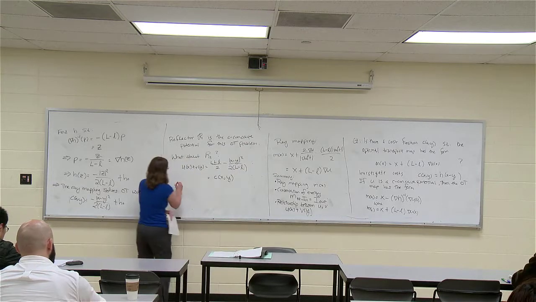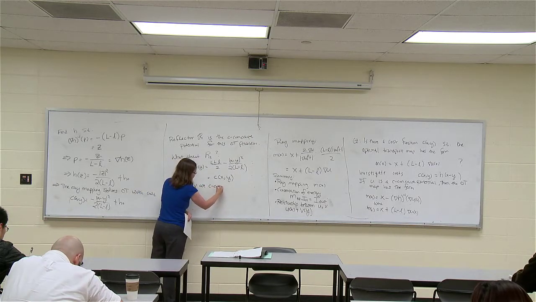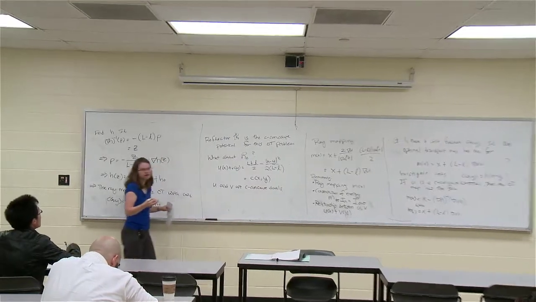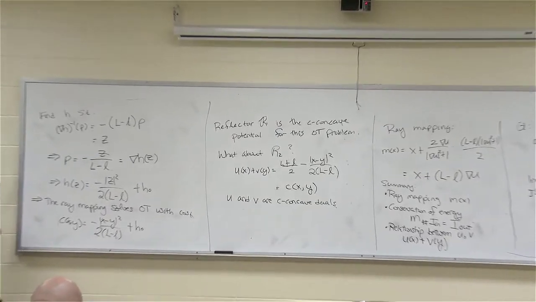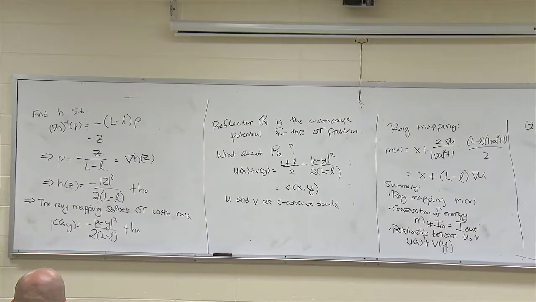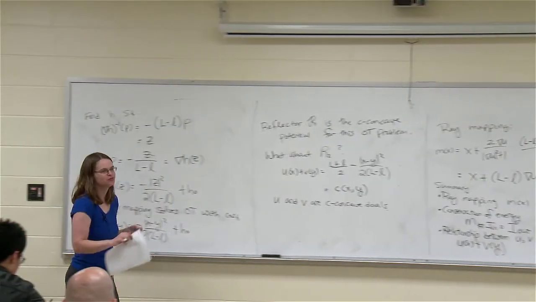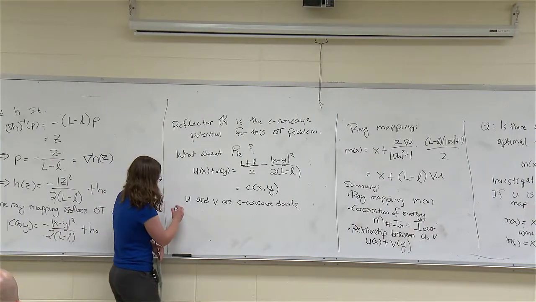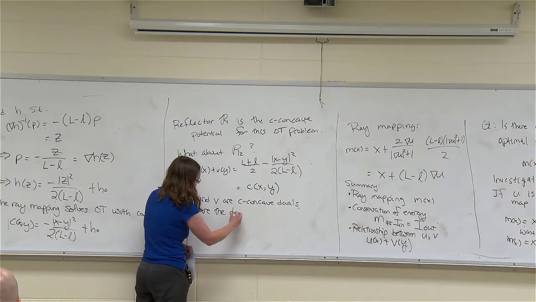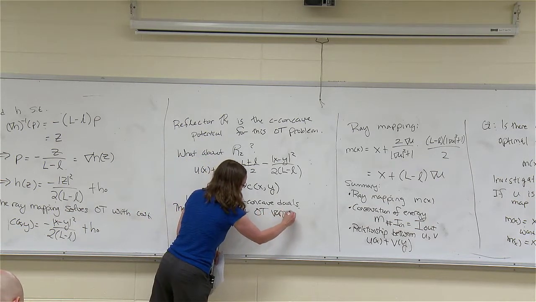So u and v are indeed our C-concave duals. So actually, there's this kind of nice deep connection to optimal transport, where the goal was to find these two reflectors. And then we say, well, if we write down the right cost function, the two reflectors are exactly the dual variables for the dual problem. So these are nothing but the dual optimal transport variables.